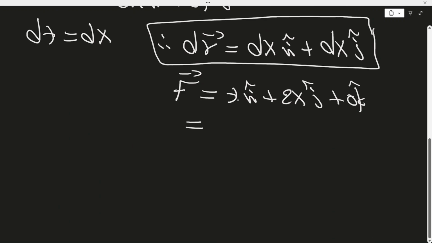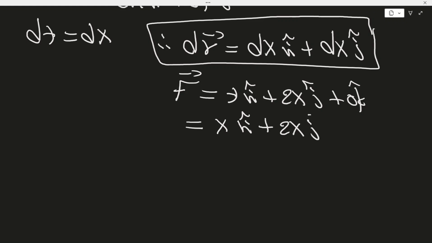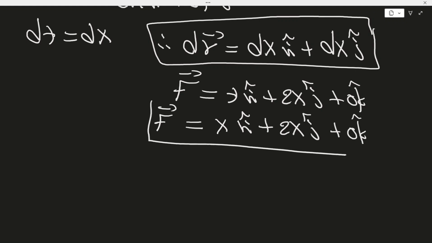I can interpret this y as x. So the force is x i plus 2x j plus 0 k. This is my final force vector, which can be used to take the dot product with dr.